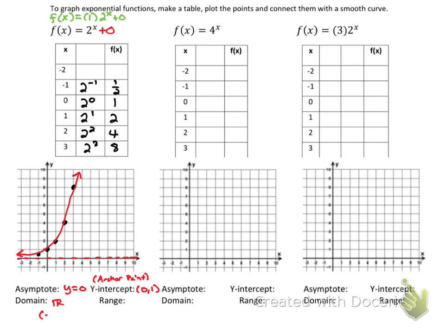Our domain is all real numbers. And then our range is all the y values greater than 0. Okay? Our horizontal asymptote is at y equals 0. So it's all y values greater than 0 there. Okay? Any questions so far?